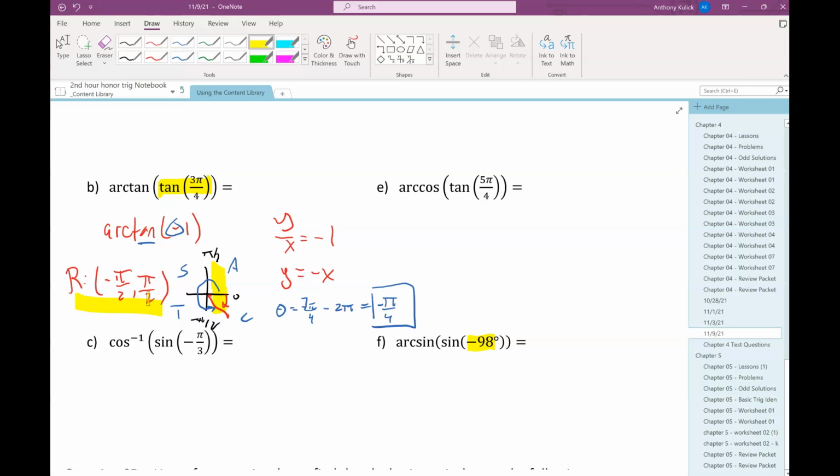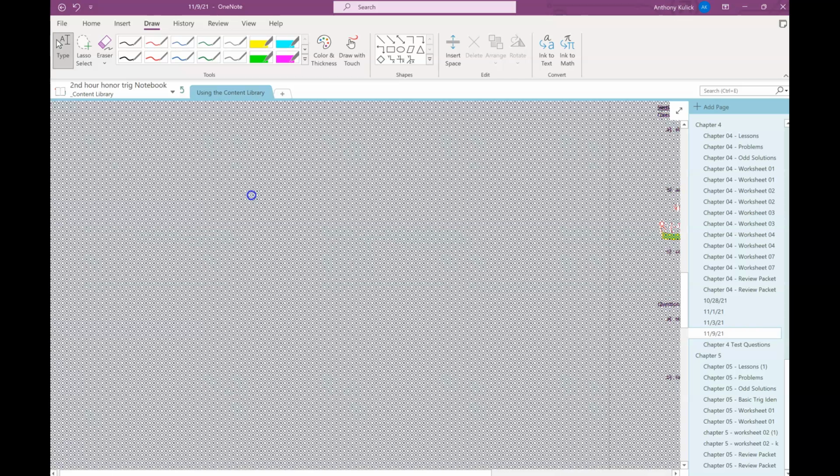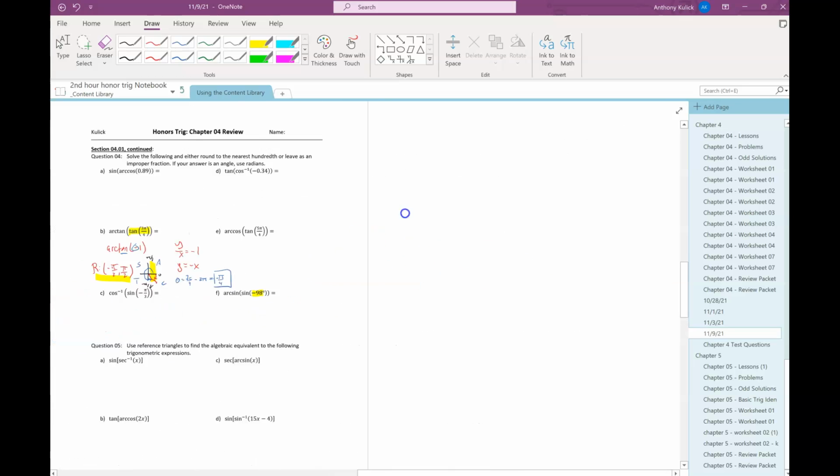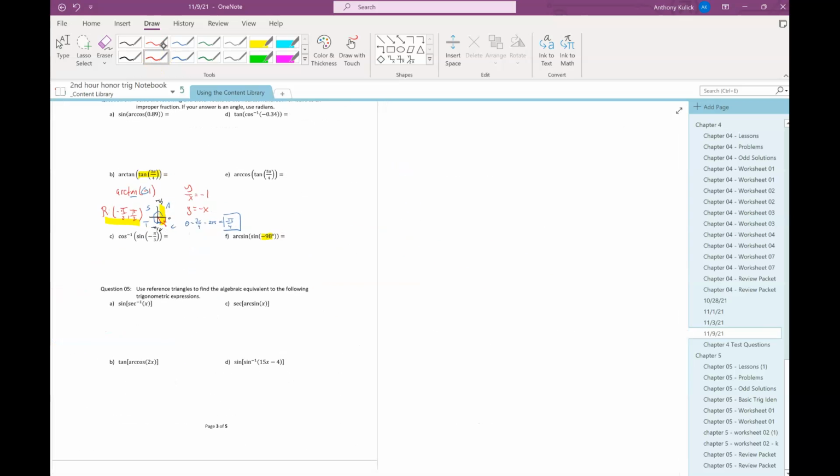Wait, how do you know? Is that standard? That is, if you are not given an interval to solve for, that is the fundamental domain, or I should say fundamental range, for tangent inverse.